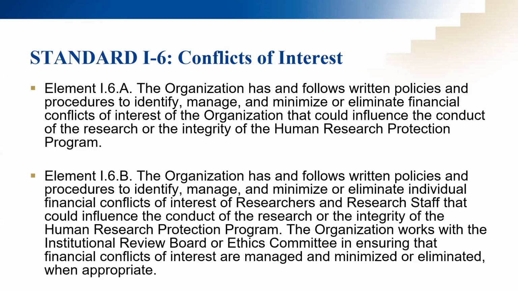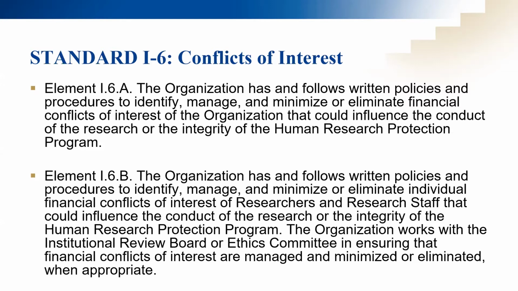So the two elements are here on your screen, and we'll talk about each of them in detail. But the most important piece is that the first element talks about the potential financial conflicts of interest of the organization that could influence the conduct of the research.